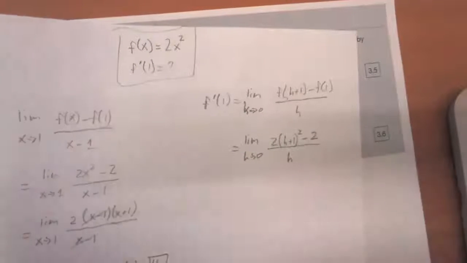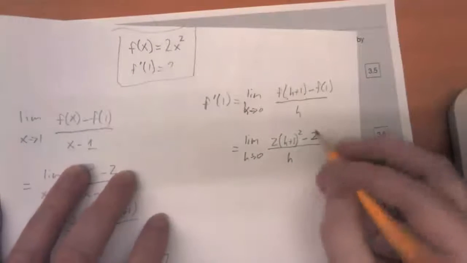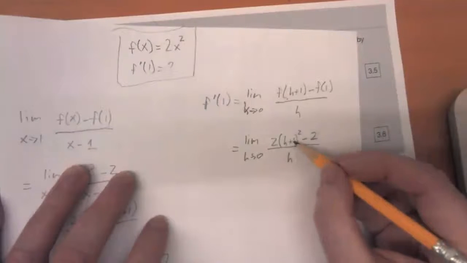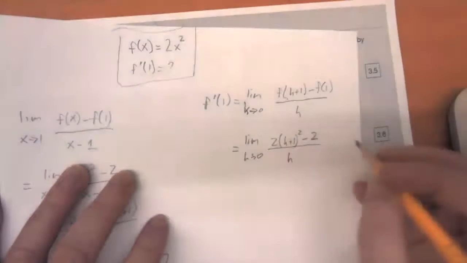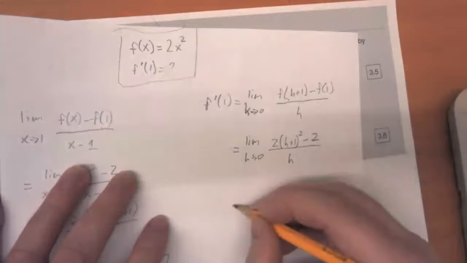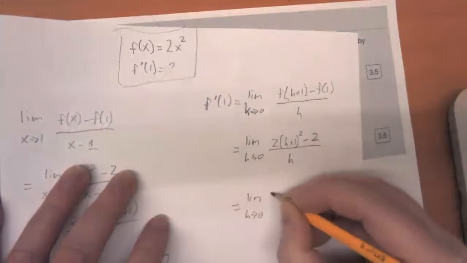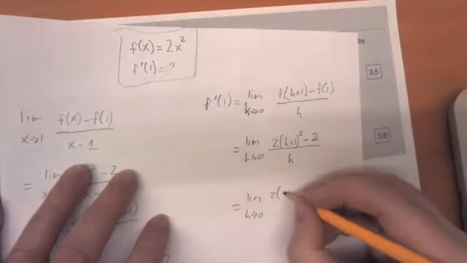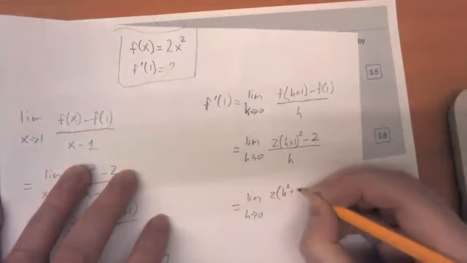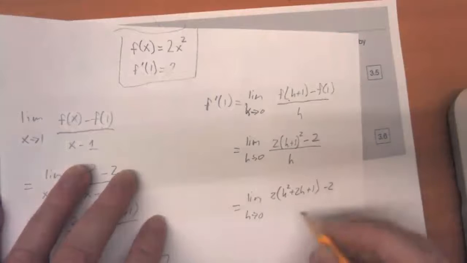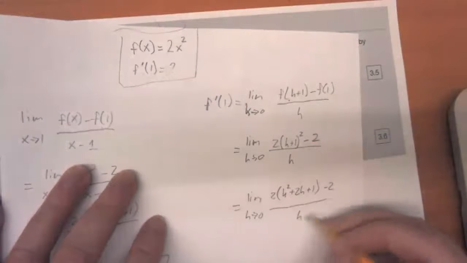All right, now we need to use a little algebra to multiply out this binomial. So 2 times h plus 1 squared. Well, h plus 1 squared is h squared plus 2h plus 1, minus 2 over h.